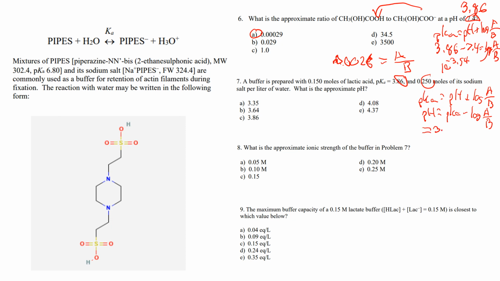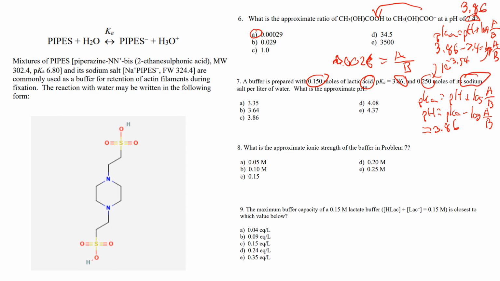That's 3.86. And we have this many moles of lactic acid and its sodium salt. So the buffer has 0.15 moles of lactic acid. That's a really good hint that it's an acid. And whenever something is a salt, especially with sodium, you can usually assume it's a base.